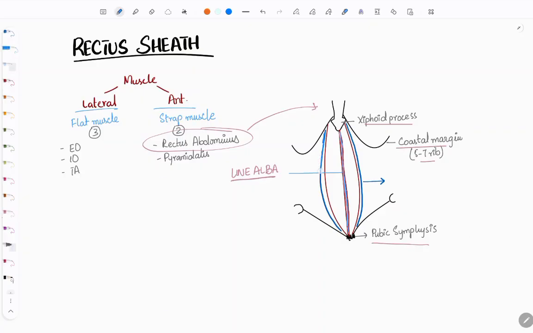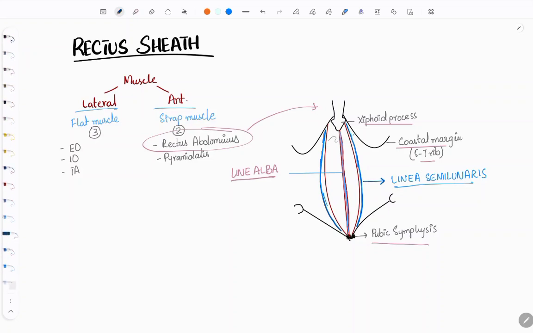The lateral curved margin of the rectus abdominis is known as the linea semilunaris.